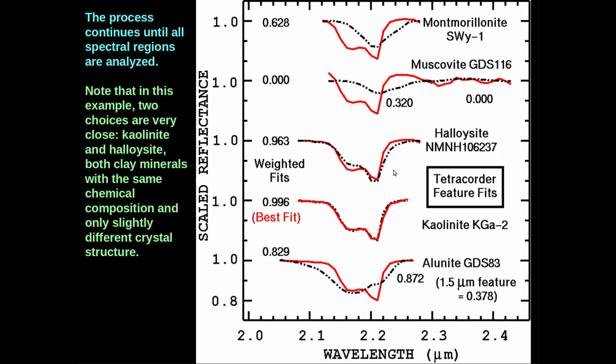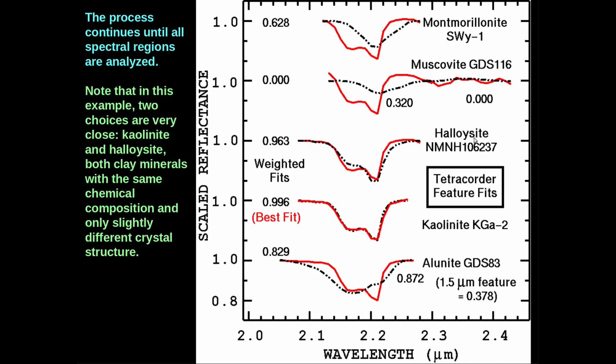It'll do the same thing for another wavelength region, and we call the different wavelength regions groups. So here you see again the continuum is varying with the different minerals, and we see the fit, and we find that the fit is kaolinite KGA-2, which is a well-crystallized kaolinite.